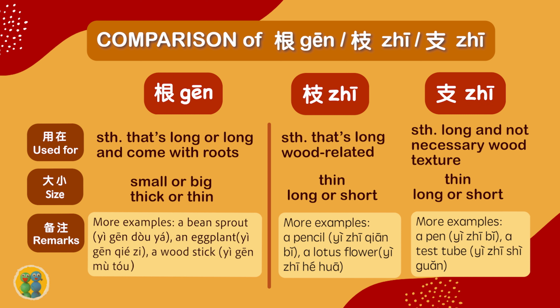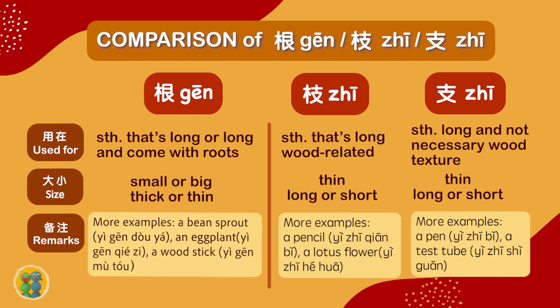Pen is kind of a general word for something that is used for writing. A pen is made out of plastic, mostly, so we use this measure word 支 to count the pen.